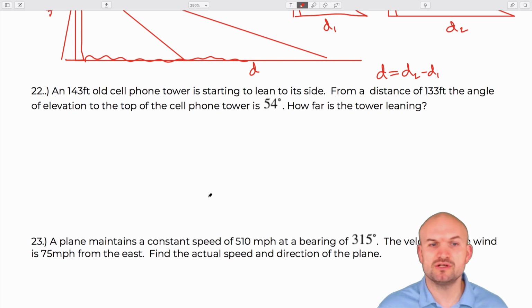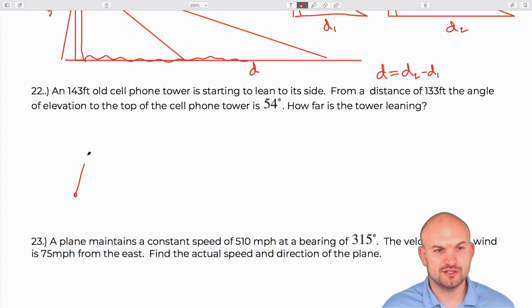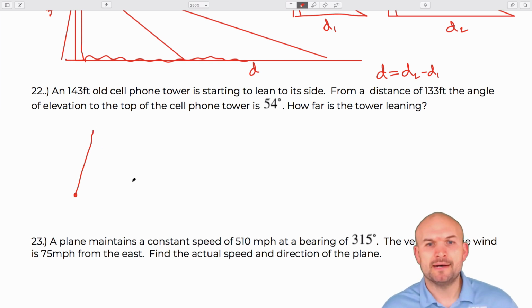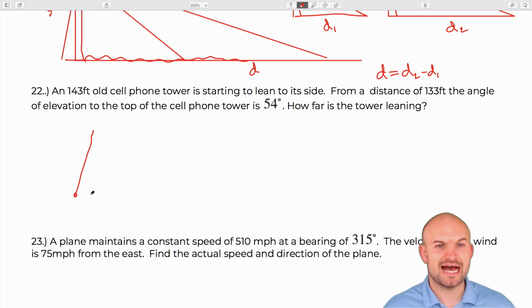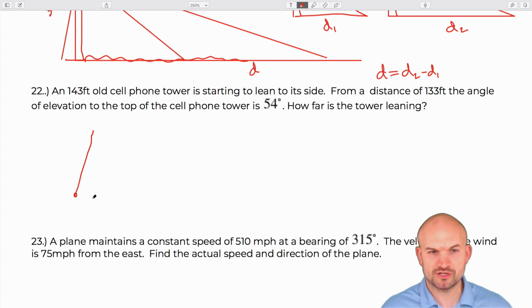A 43-foot old cell phone tower is starting to lean to its side. Now, we don't know the side, so I'm just going to draw a line to represent a tower leaning. From a distance of 133 feet, the angle of elevation to the top of the cell phone tower is 54 degrees.